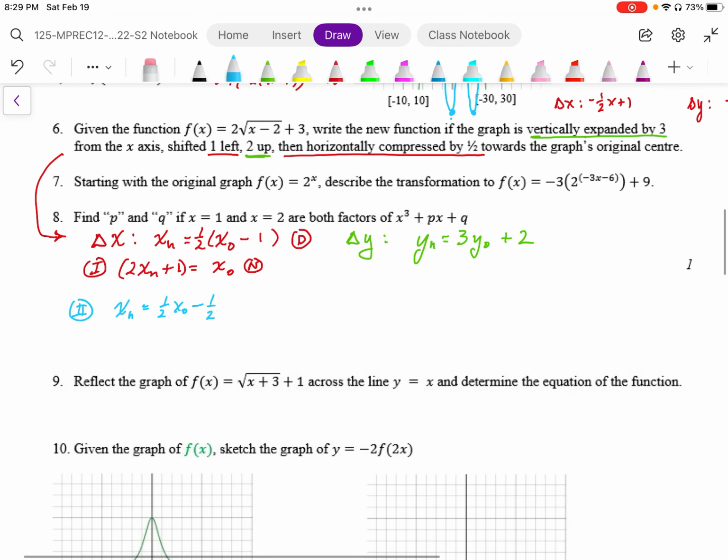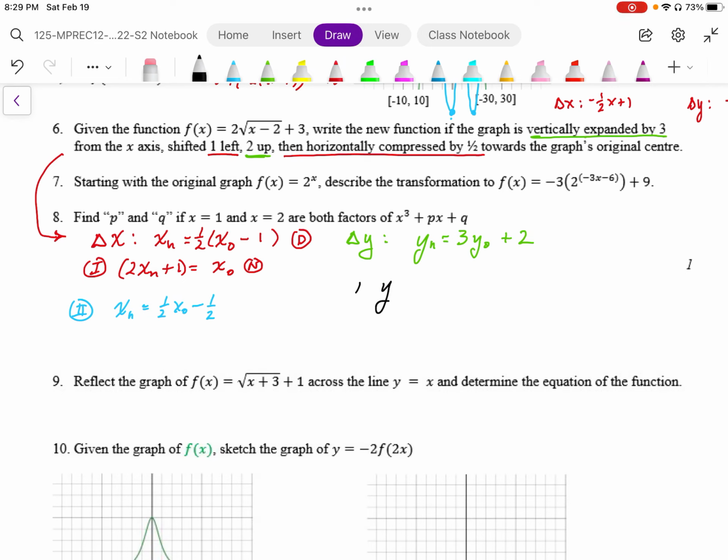So when I put it into my function notation, it's going to look like this. Y equals f, and then all that notation is going to look like this. I'm going to make this smaller because we're going to have two different solutions here. So one solution is going to look like this.